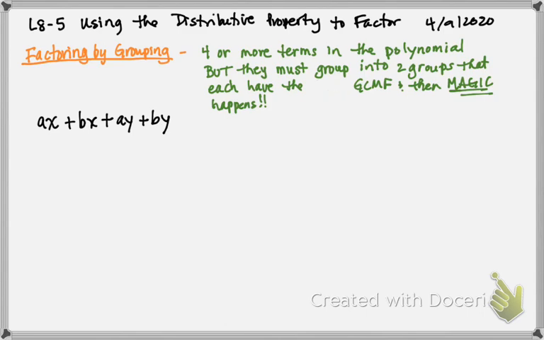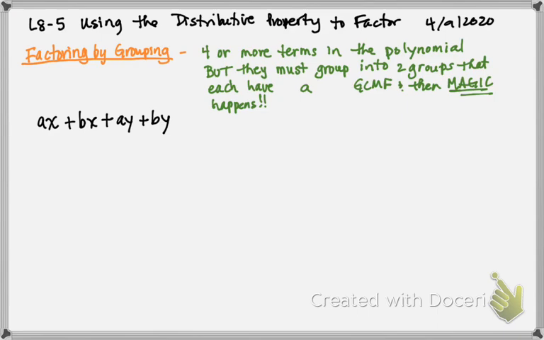Have a GCMF, and then magic happens. So the funny thing is, what I notice about my terms here is I have two x's side by side and I have two y's. So I could group them by x's and y's. But if I rearranged this problem, I have two terms that have a's and two terms that have b's.